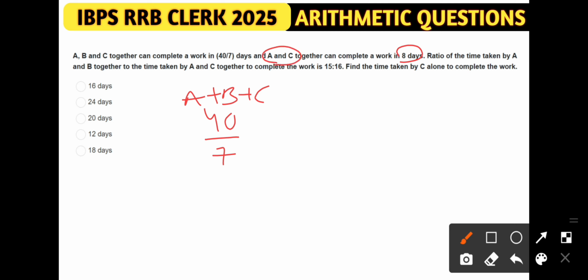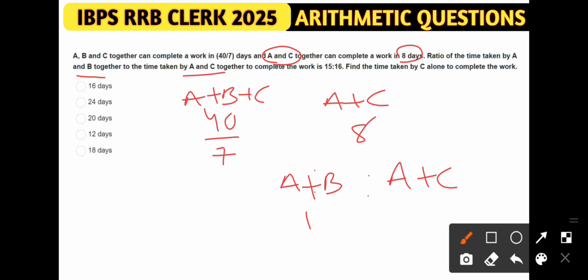Here we have A and C together completing in 8 days, and a ratio given that A plus B to A plus C is 15:16.